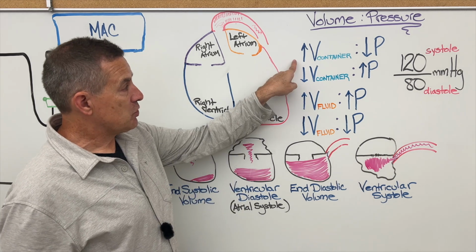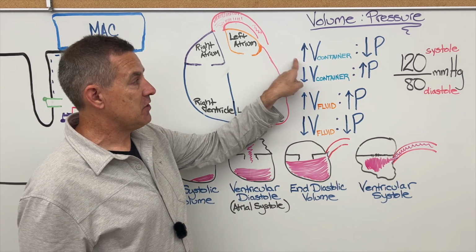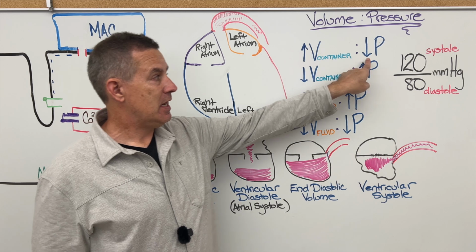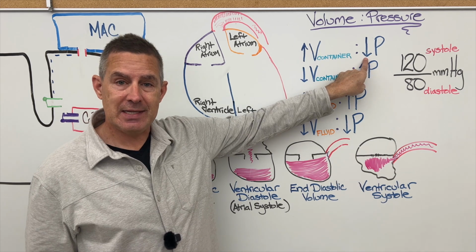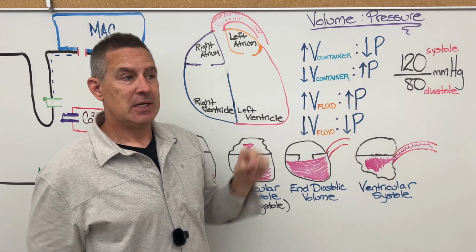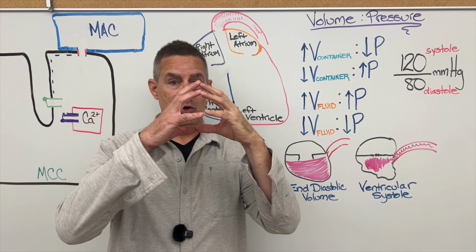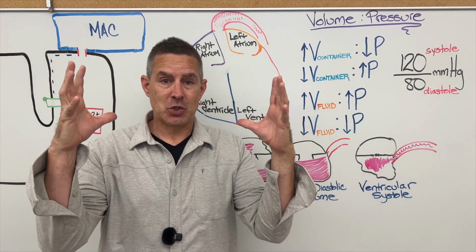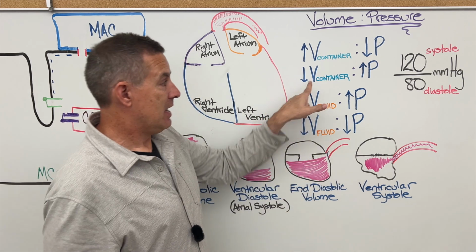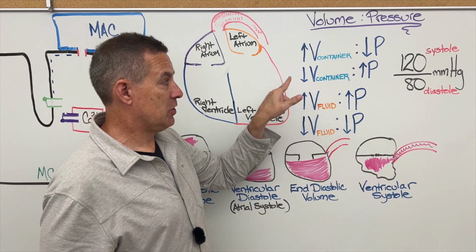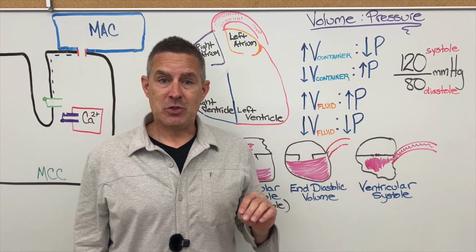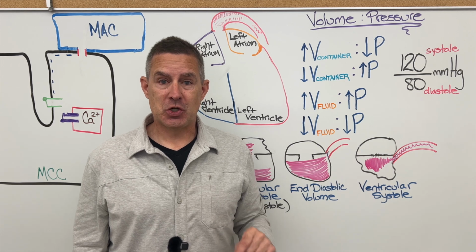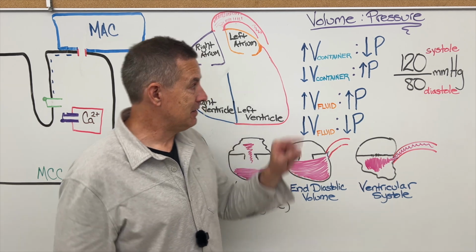As we look at this, we can see an increase in volume of the container is going to result in a decrease in pressure. So if we have the left ventricle that gets larger, the pressure within the left ventricle is going to decrease. If the left ventricle gets smaller, that happens due to ventricular contraction or ventricular systole.